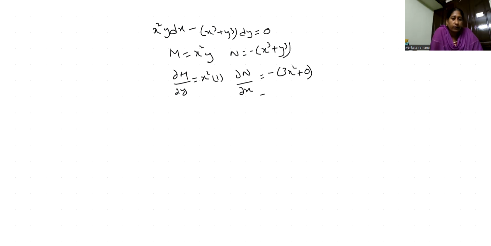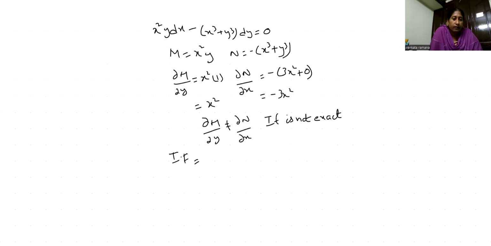So finally ∂M/∂y is not equal to ∂N/∂x. Do you observe? ∂M/∂y has x square, and ∂N/∂x has minus 3x square. So this is not equal, and it is not an exact differential equation. So we have to find the integrating factor, which is 1 by (Mx plus Ny).